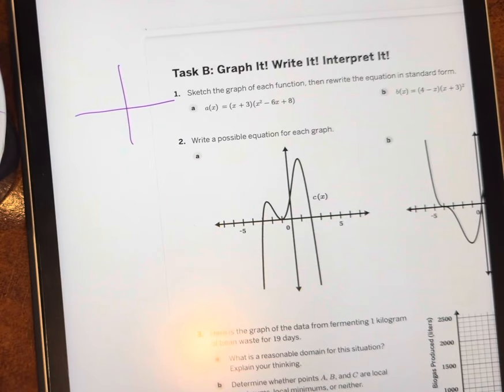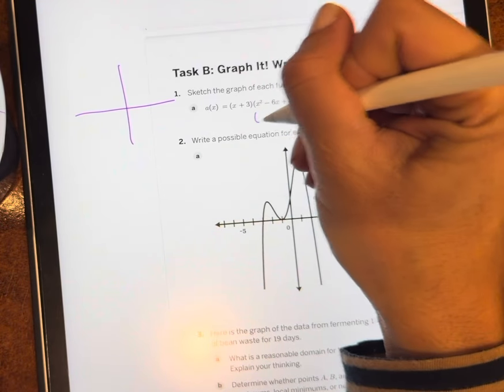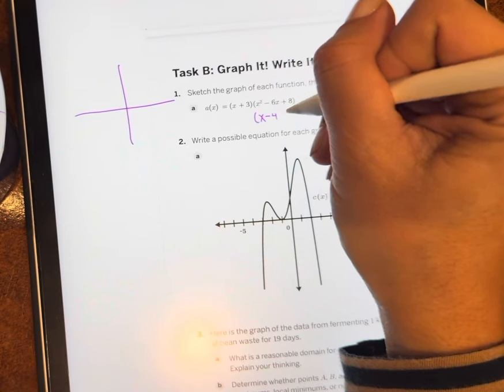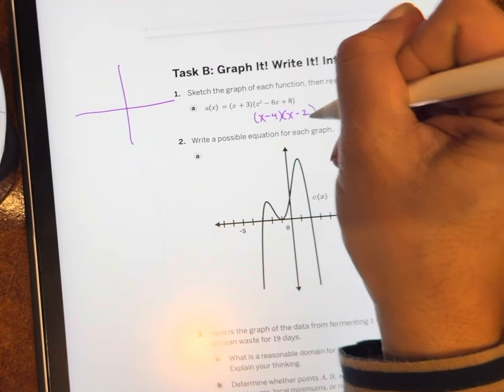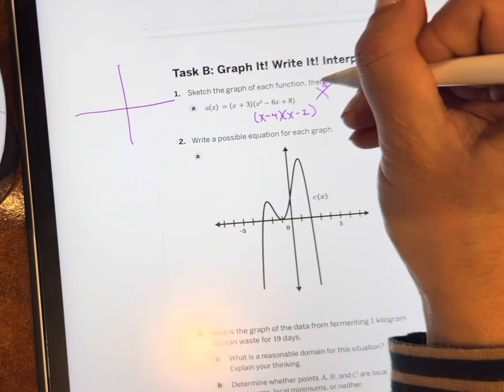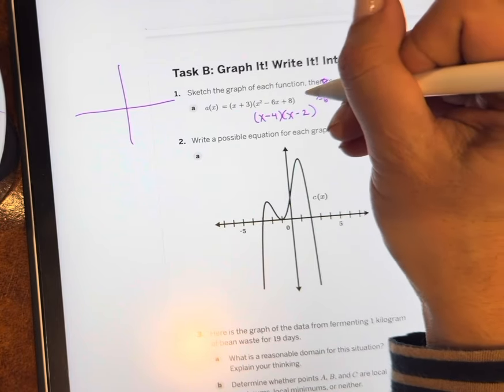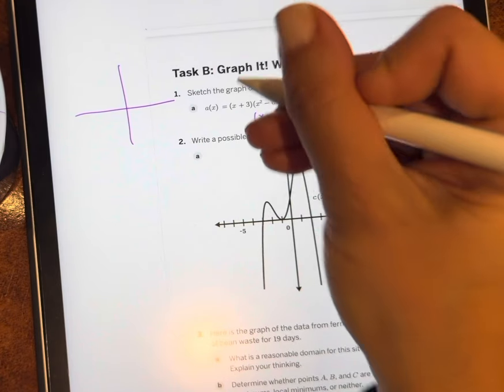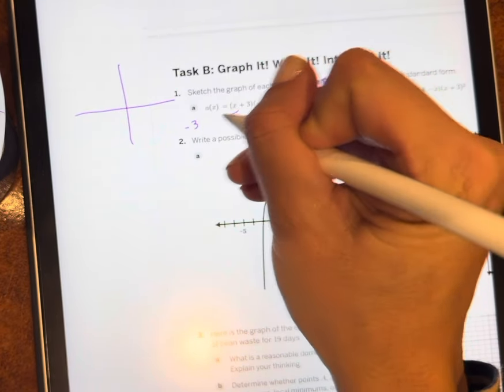Here's a graph. This guy factors into an x minus 4 and an x minus 2 because to get an 8 and a negative 6, I need a negative 4 and a negative 2. So that means that I've got myself an x-intercept at negative 3.